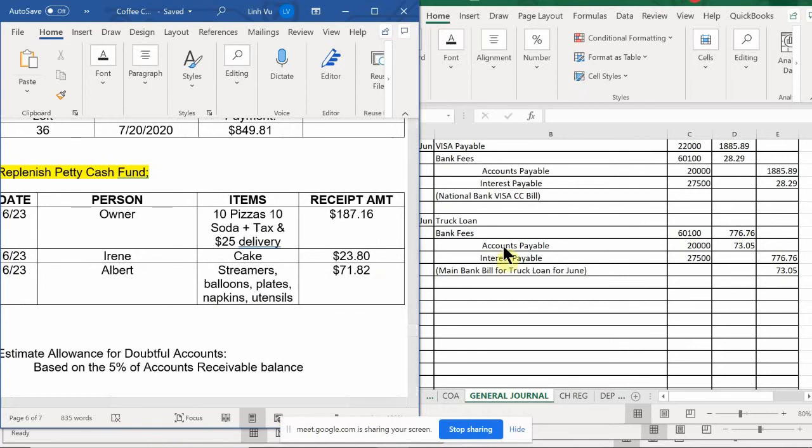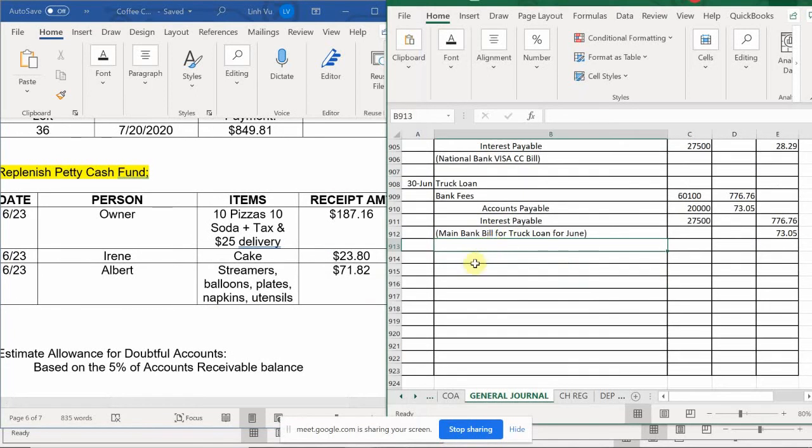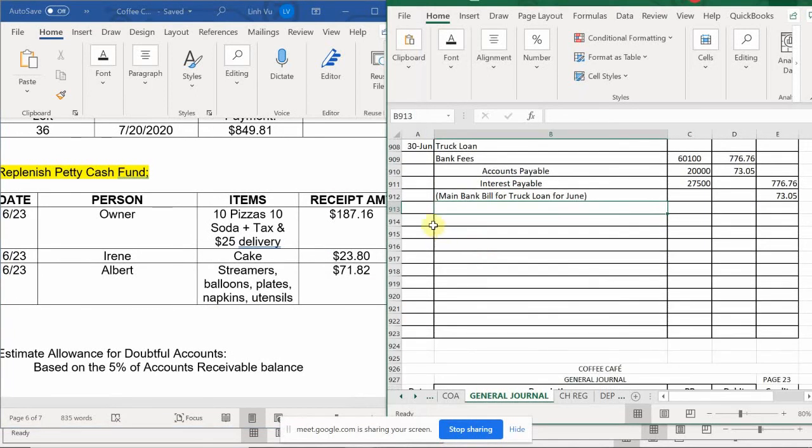So let's go ahead. How do I replenish a petty cash drawer? How do I replenish petty cash? Do we debit petty cash and credit checking?